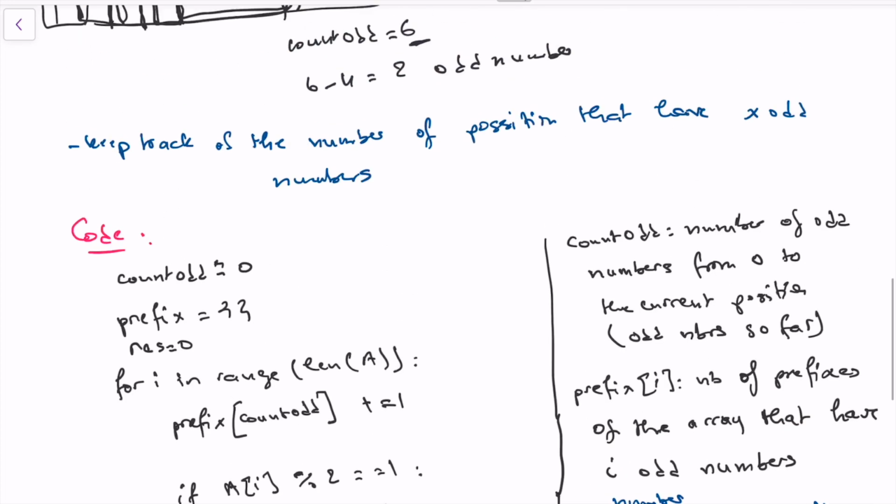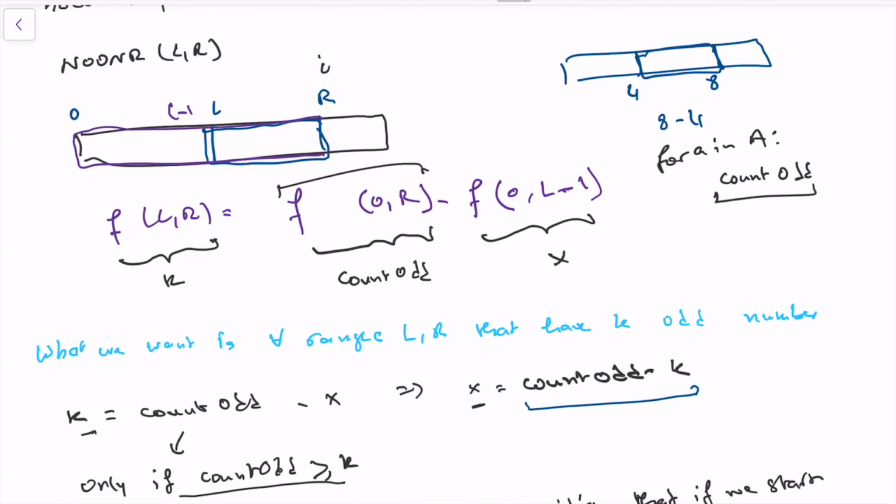And then what I would use that for is this formula here, where I'm looking for any range that has k odd numbers. To find those ranges, each time my count odd becomes bigger or equal to k, I will search for all the possible starting positions that will make a subrange that has k odd numbers.